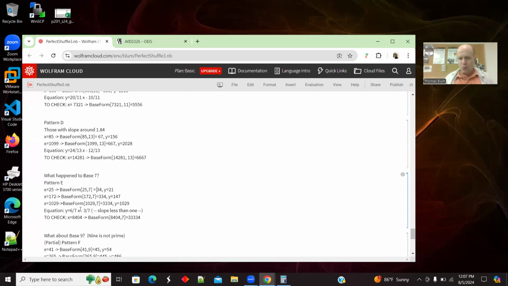So I had slopes more than 1, more than 4/3 even, and less than 2. And this was indeed a pattern. The base 7 and the 3-4, 3-3-4 formed a pattern and formed a line. But that slope was 6/7 rather than 12/7, so 7 was something of an exception within my pattern of patterns.